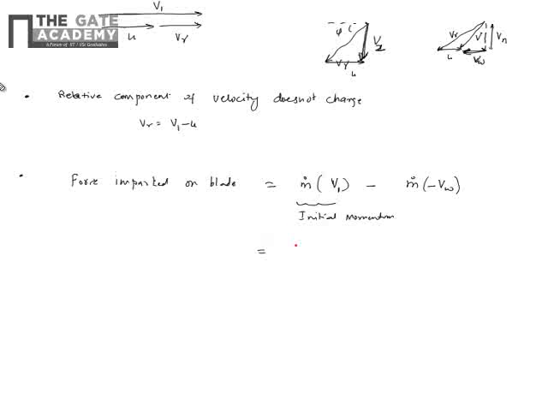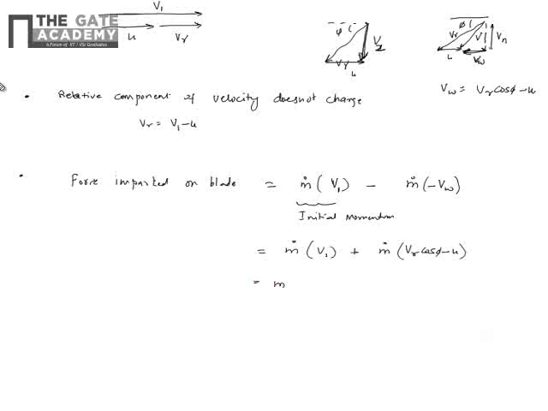So m dot initial velocity, and this becomes plus m dot Vw. Now Vw is the resultant; if you resolve Vr, this is phi, so Vr cos phi minus u is my resultant horizontal component of the velocity.